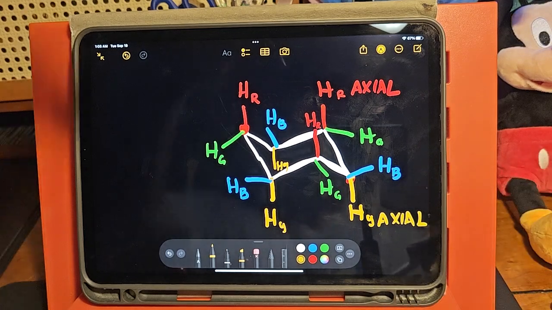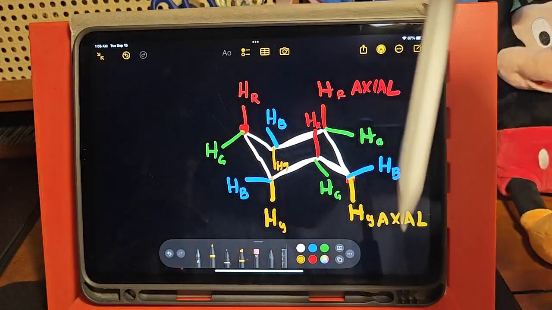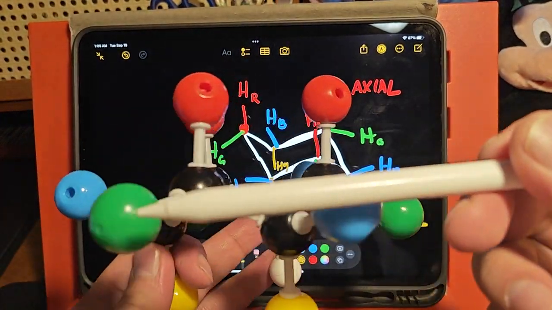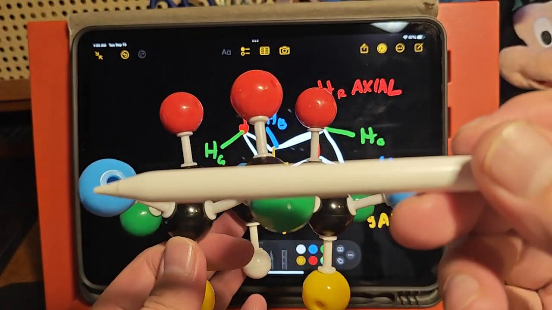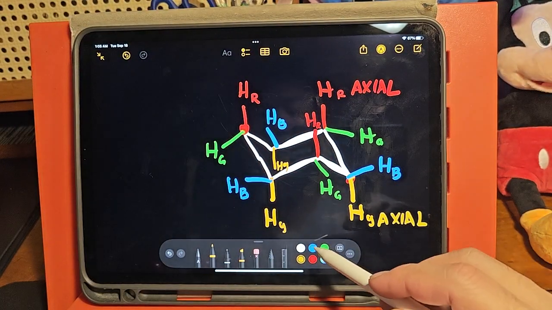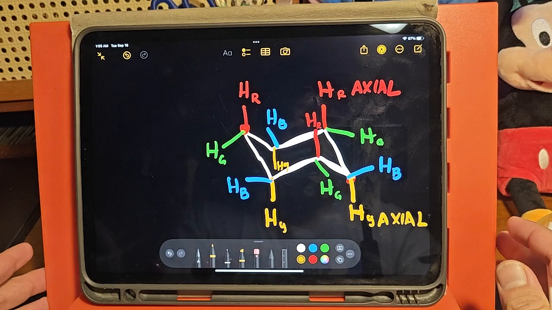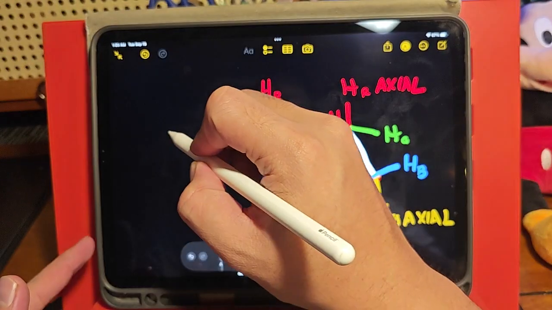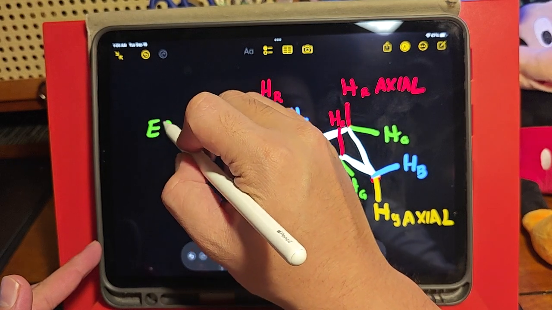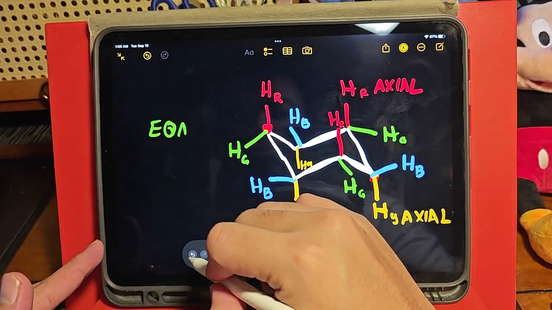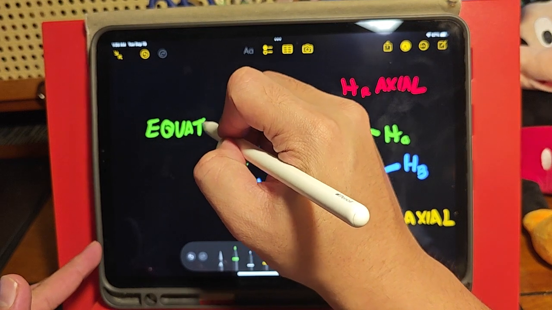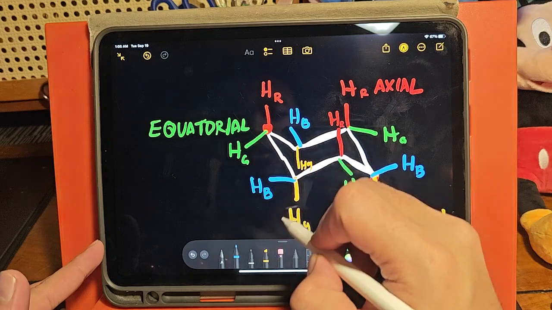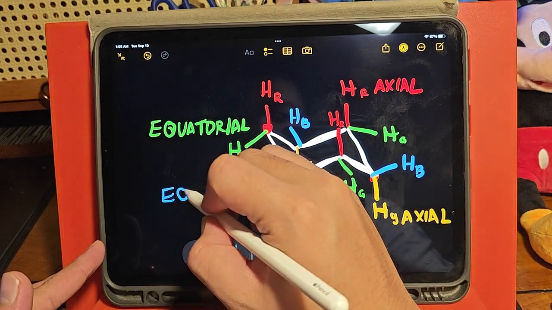Like in the globe, the axis is what's going up and down. And just like in the globe, on the middle of the globe, on the side of the globe, these are what we call the equatorial positions. So in this structure, the green hydrogens are on an equatorial position. The blue ones are also on an equatorial position.